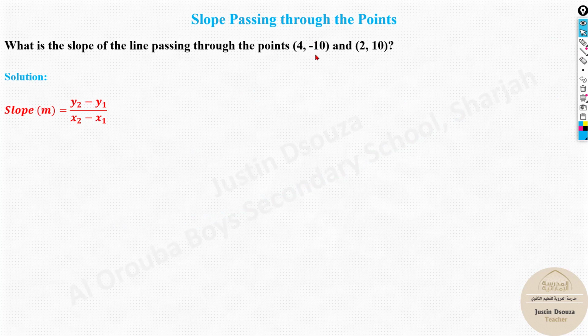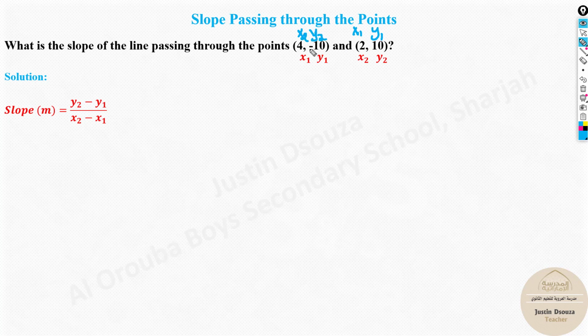Now, finding the slope when the 2 points are given is one of the easiest. You just need to remember this formula, and let's mark these points. This first point is x1, this is y1, and this is x2 and y2. But these can be interchanged. If you want, you can write this as x1 and this as y1, it's fine, and this as x2 and y2.